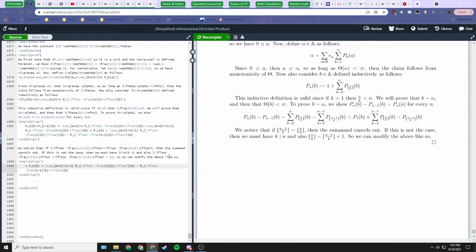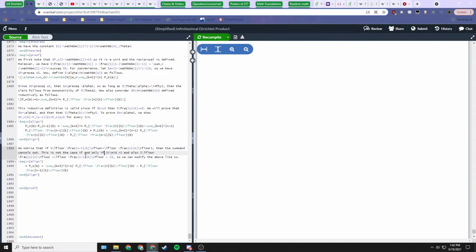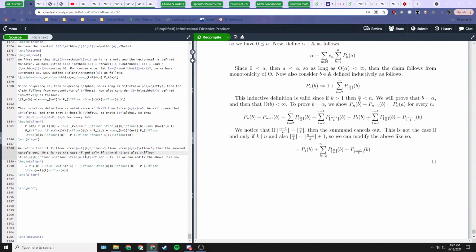Or rather, I guess what we want to say is, this is not the case if and only if k is the divisor of n, and also this.